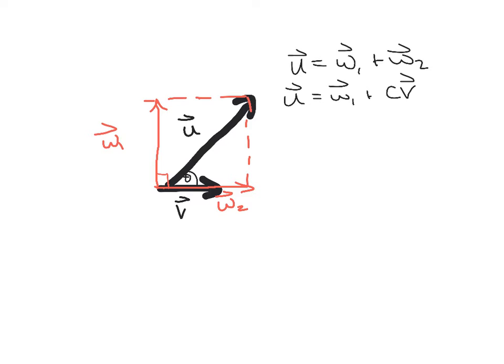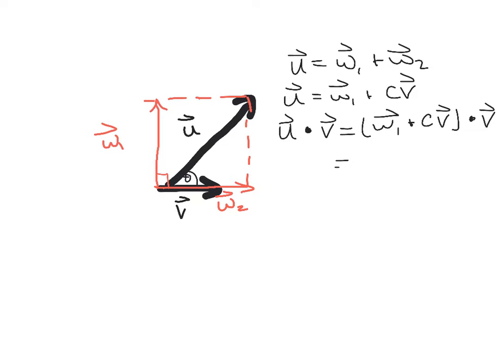if I take the dot product of U and V, that equals, and this is U, right? Oops, that's not U. This is U. Dot product with V. So I just substituted U, which I know is the W1 vector, plus some scalar C times the V vector, and I'm dot producting that with V. Now I can simplify this.